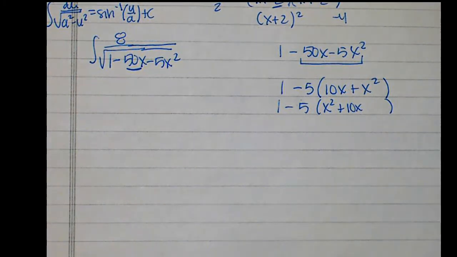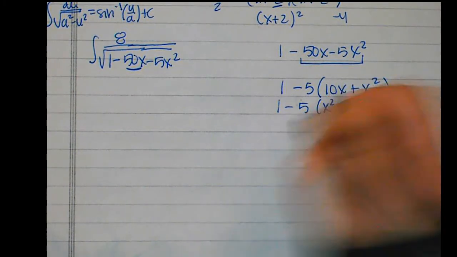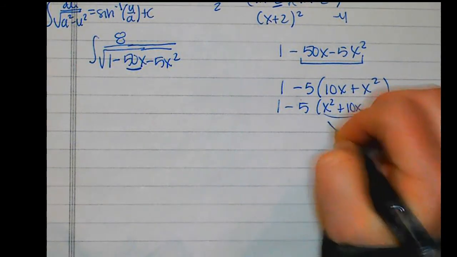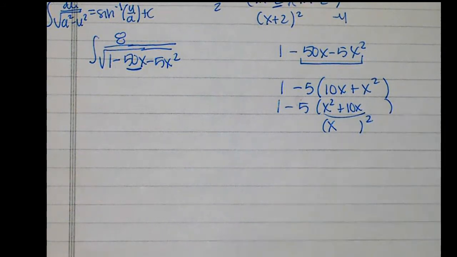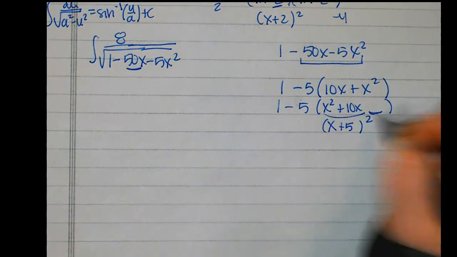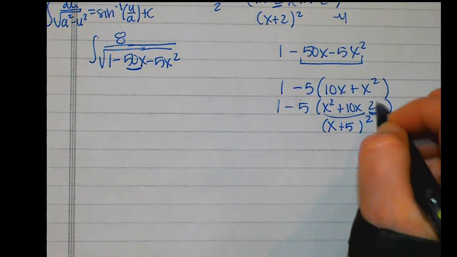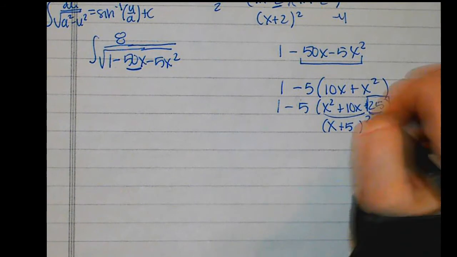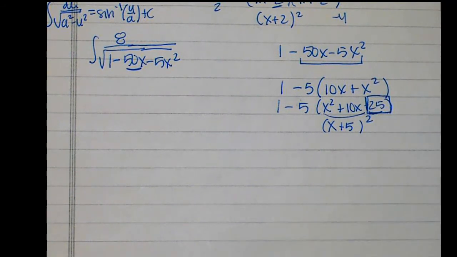So now I'm going to say, instead of this, what am I going to write in the squared part? Plus 5. So plus 5 goes here, and then what goes here? 25. So then you look at it and say, okay, I've changed my equation. 25 was me changing the equation. We put it in a square so we wouldn't forget that we did that. So we have to undo it.